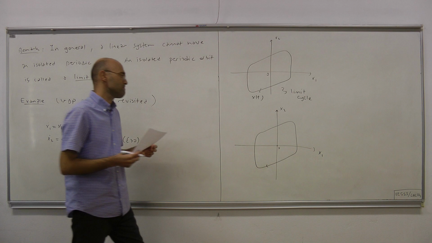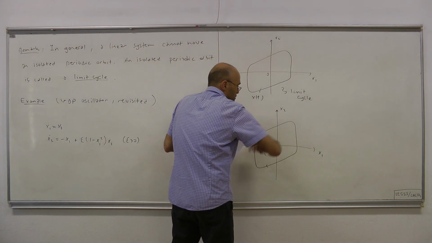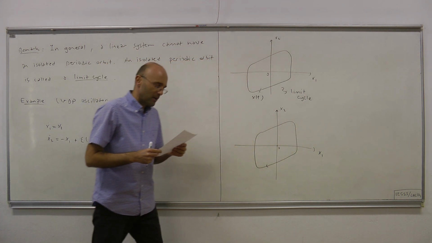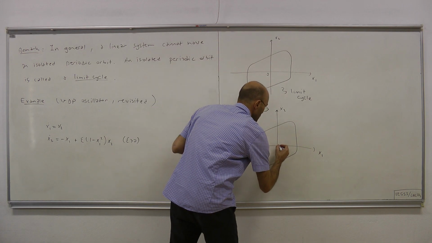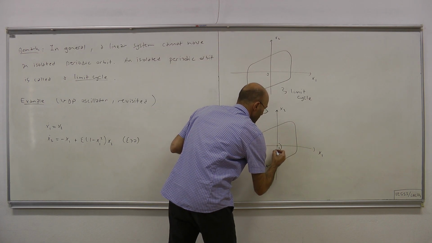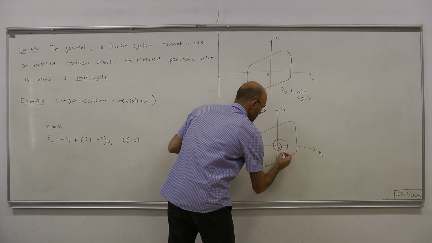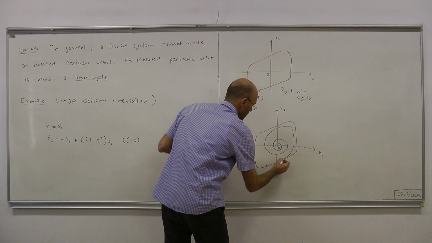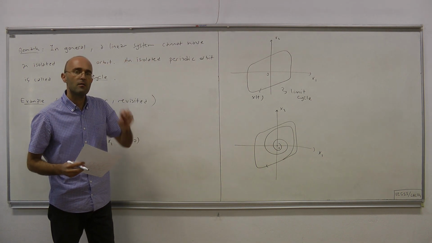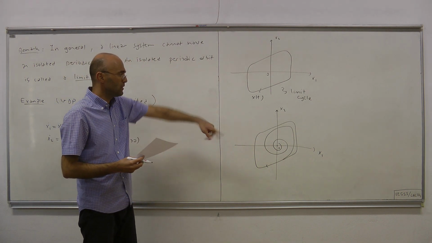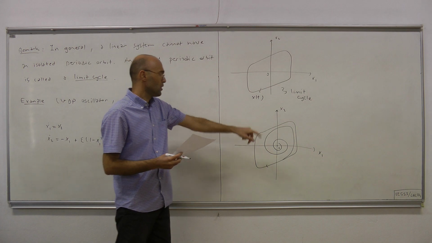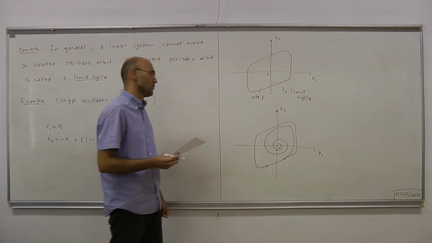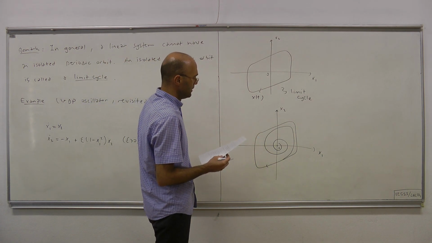But if you start close to the origin or somewhere inside that limit cycle, what happens is that you move away from the origin, and eventually, after a few rotations, you converge to the limit cycle.